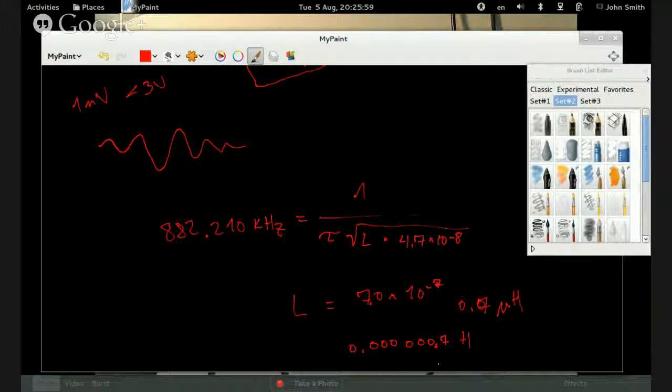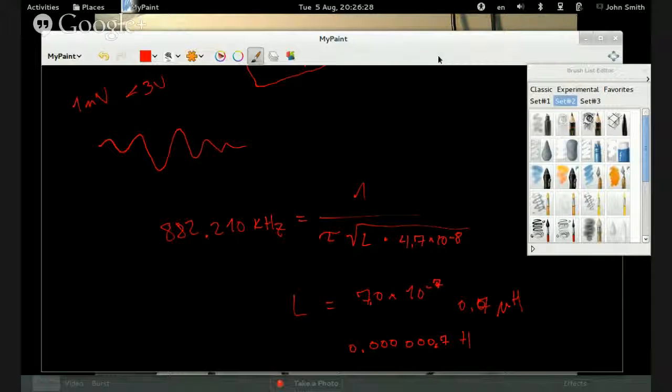It says it's supposed to be 1,000 millihenries. Millihenries are big. Microhenries. It says it's supposed to be much more than that. So what's going on? Let's try going forward. What's the resonant frequency if it is that many microhenries?